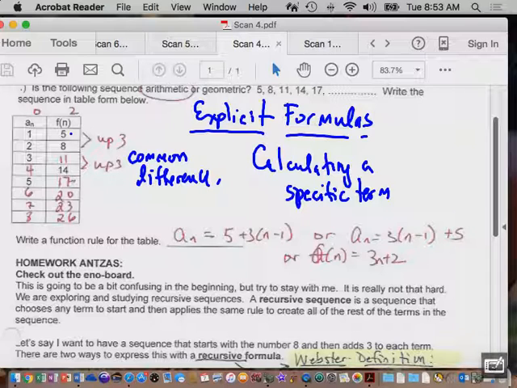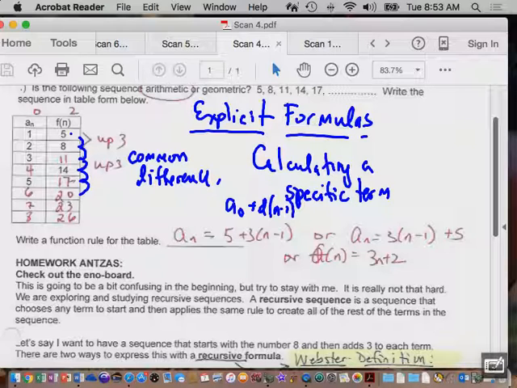Because I don't add 3 to get to the 5. I only add the 3 after the 5. So I have to do n minus 1 so that I don't include the 5. And then the way I include the 5, because the 5 could be 7, it could be 23, whatever, is I do 5 plus 3 times the difference. Or in general, the first term plus the common difference times n minus 1.